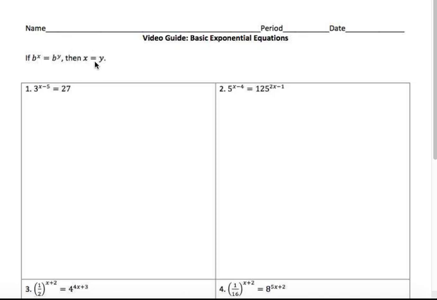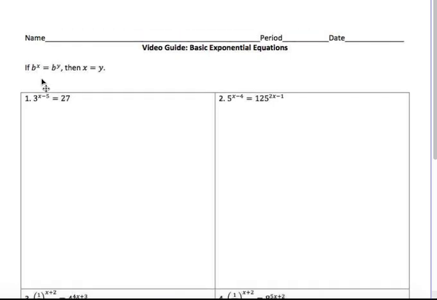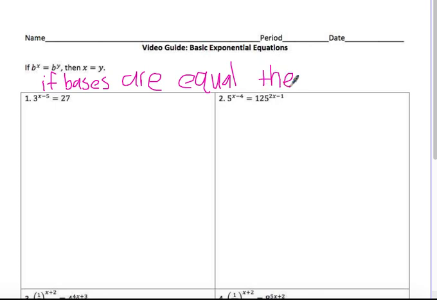So if the bases are the same, then the exponents are equal.